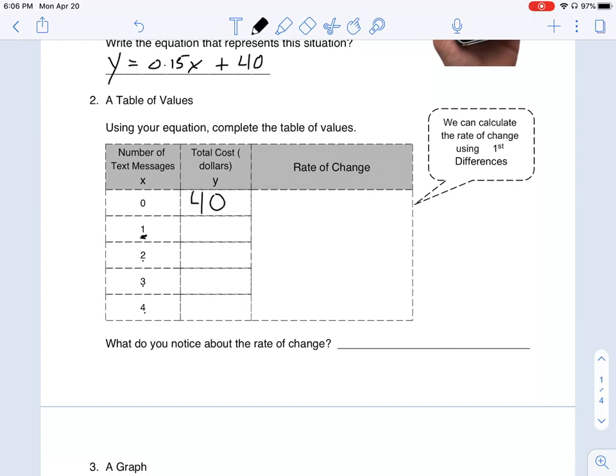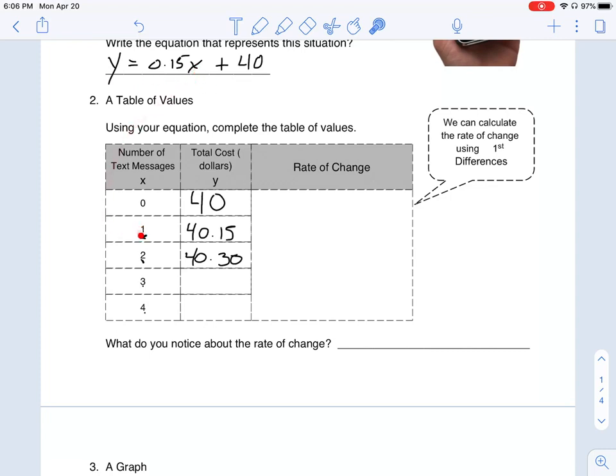When we have one text message, we know that it is $40.15. How much does it cost if we have two text messages? $40.30. All I'm really doing is taking the equation up here and plugging in my x value.